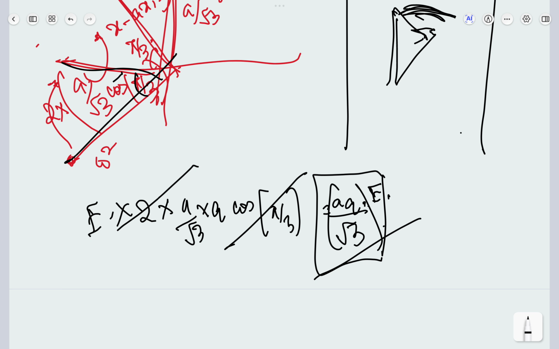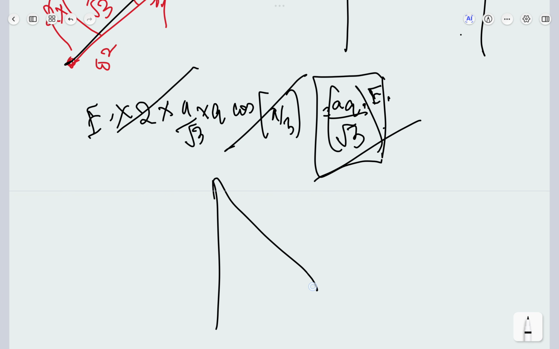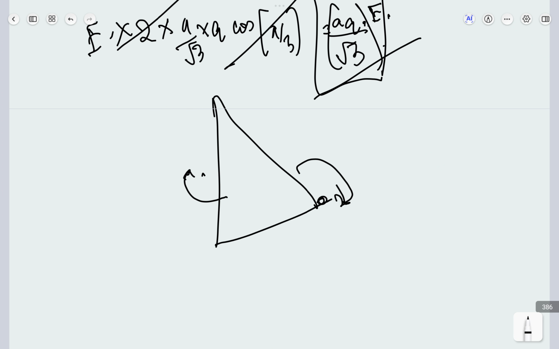When you look at this, the figure would look something like this, and this would try to move out of the plane and this would try to go inside the plane. So let's make it a proper dipole, and for this dipole, now look, it's literally a dipole.